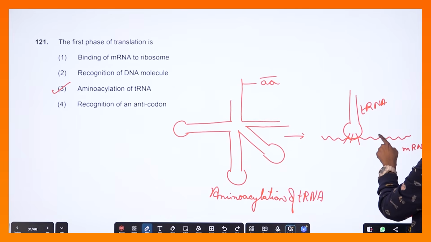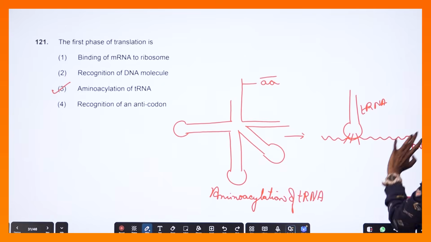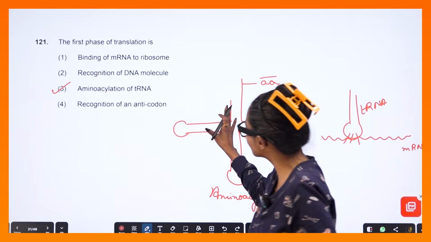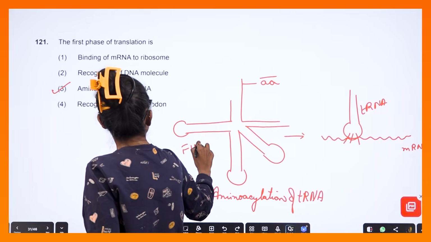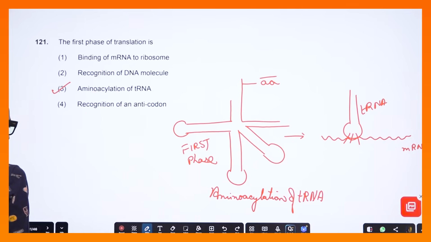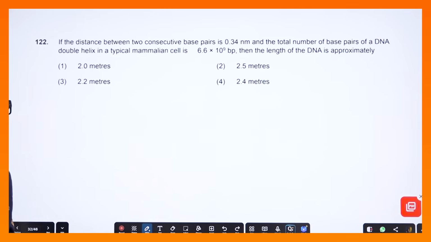So codon on mRNA and anticodon on tRNA, they are going to bind to each other and recognize each other. But everything will actually start from here. This is the first phase. Correct? Fine. Let's move on.